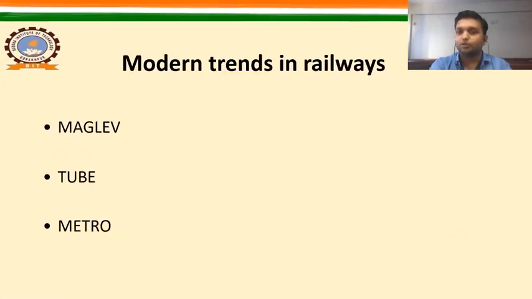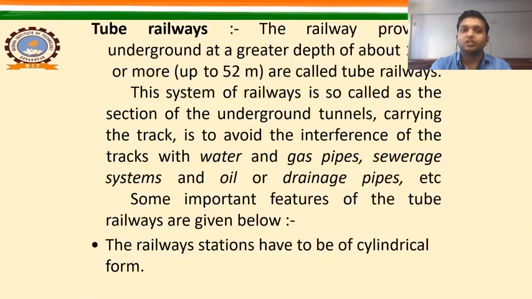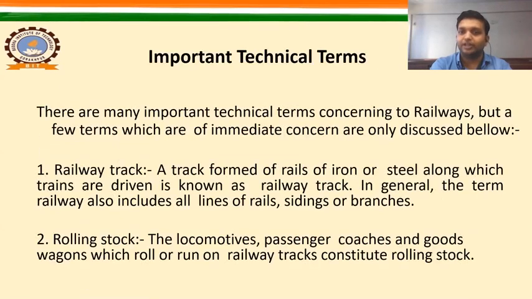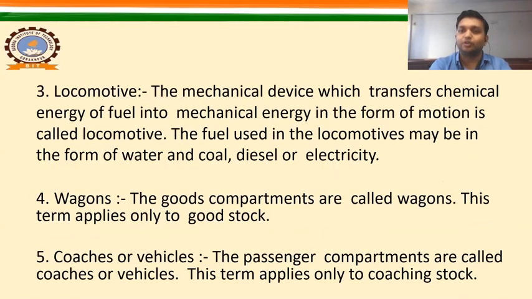I told you how the Railway Board has been divided and who is the competent authority of the different divisions. Then the modern trains in the railways: maglev, tube, metro. Then the important technical terms. So this is all about the introduction part.